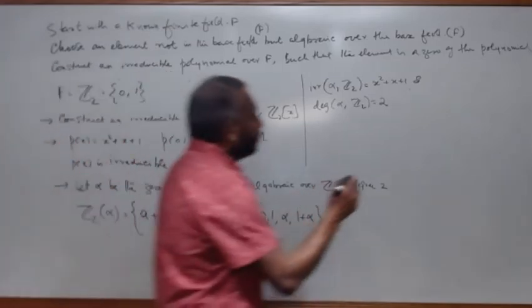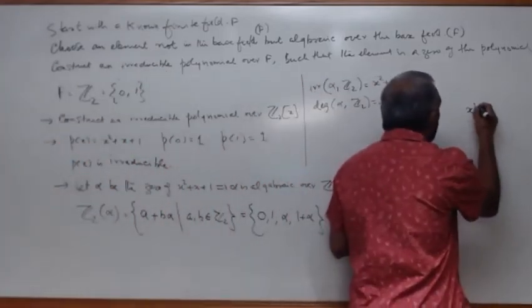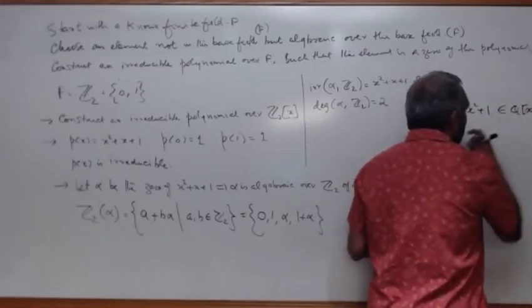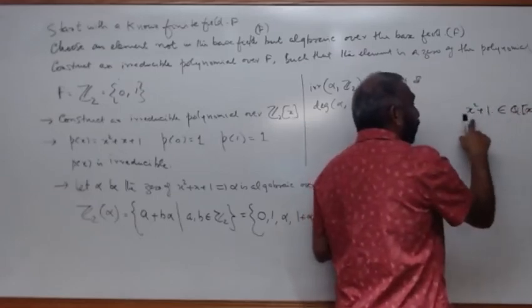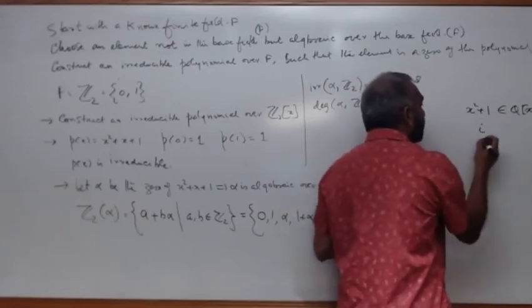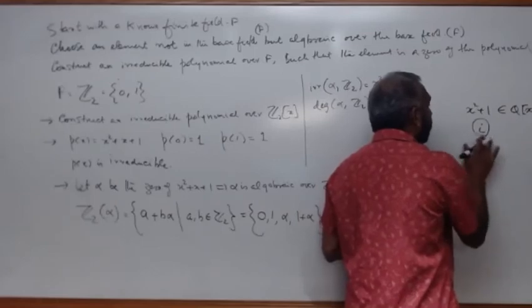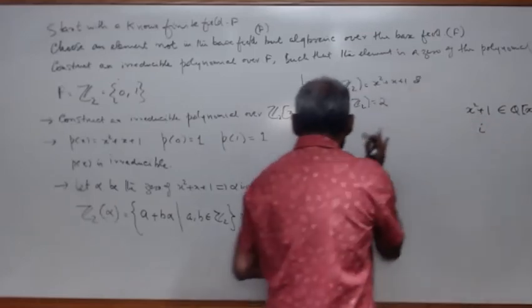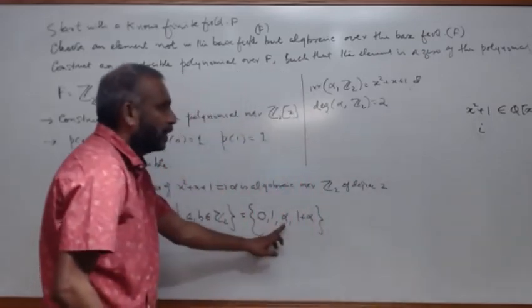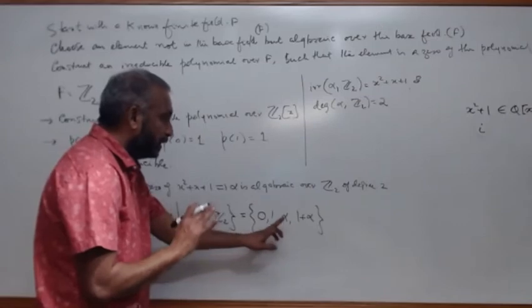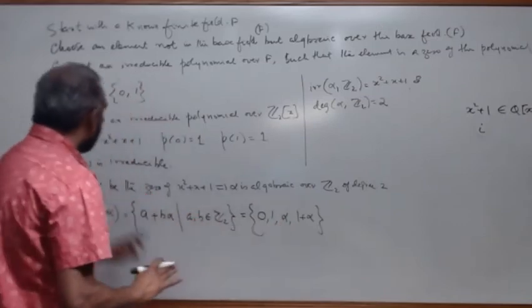Just like x squared plus 1 belongs to Q[x], and the roots or 0s of this polynomial are i, an imaginary number. We don't know the exact value of that; we just call it an imaginary number. Just like that, we have an alpha here. We don't know its exact value. All we know is that it is a 0 of this polynomial.